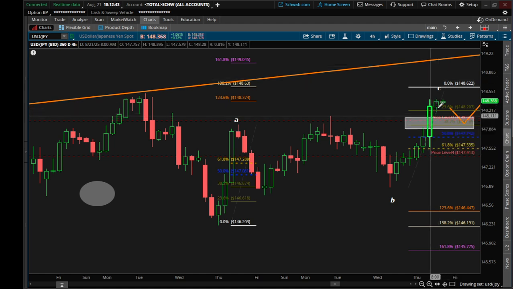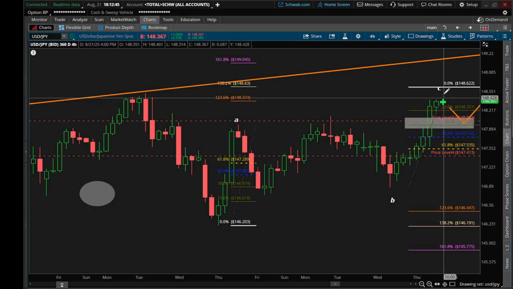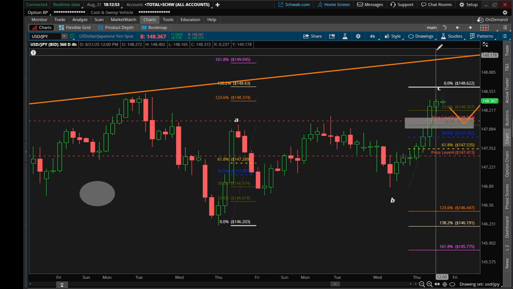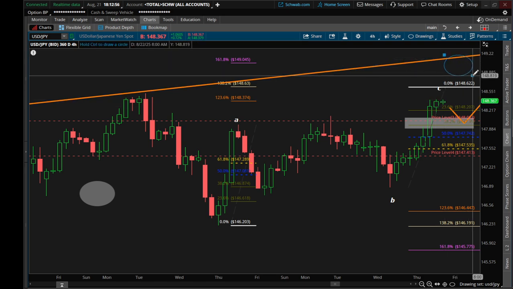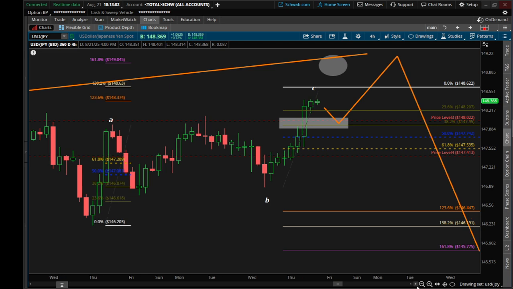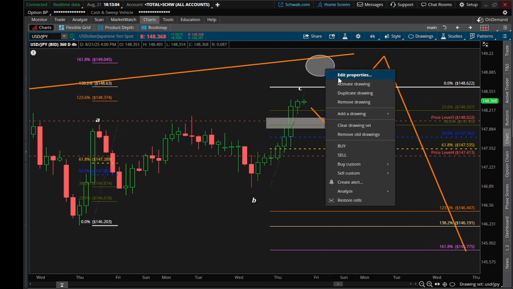So right now, I guess I would be favoring a long trade. But once we get up into this area here, I would be favoring a short position. So I will label that red.